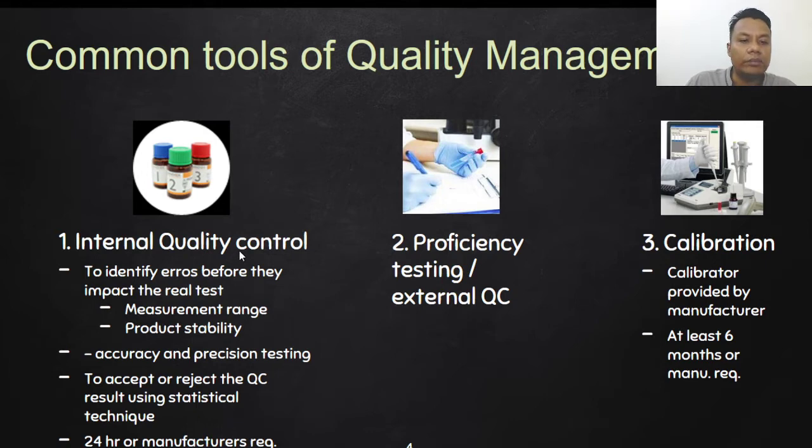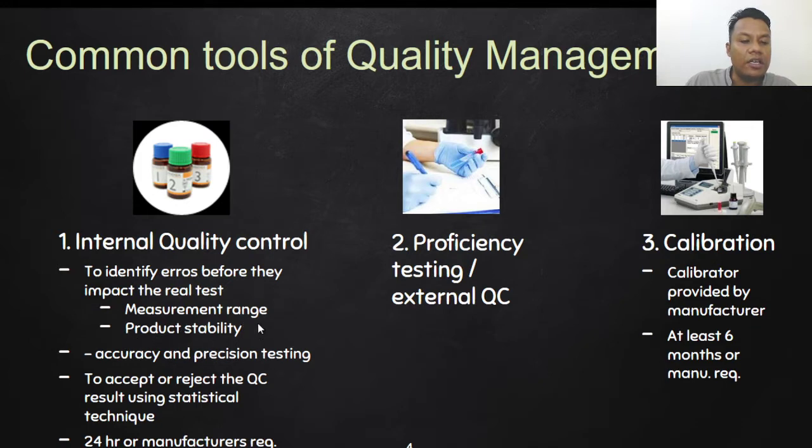If we proceed with the high quality control, the machine needs to produce the same range, needs to be high also, so that we know that the machine, the analyzers or the procedure is appropriate to be performed on that day. And second, to test the product stability.